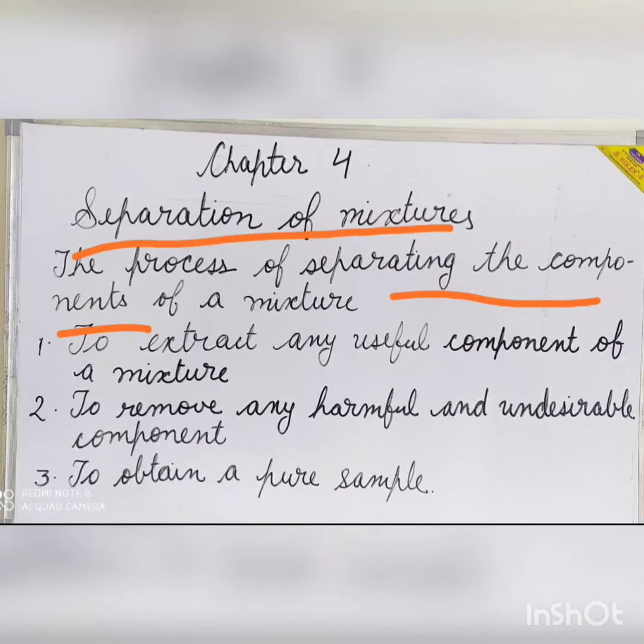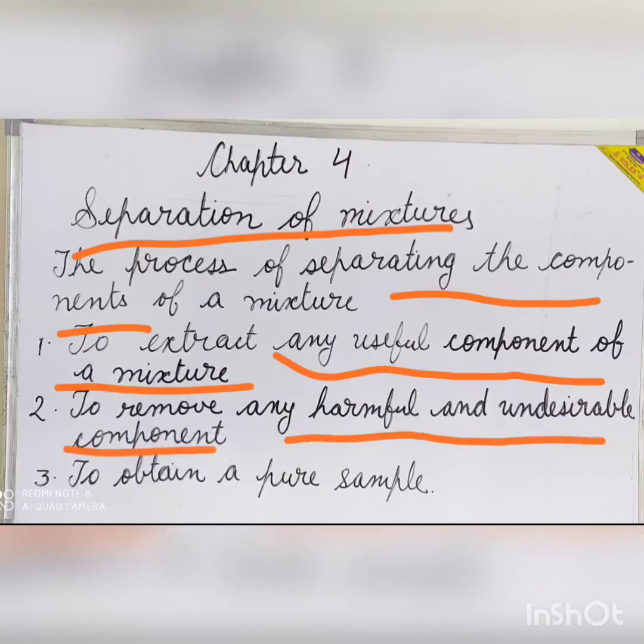Now, why is it necessary to separate the components of the mixture? This separation of mixtures is done to extract any useful component of a mixture, to remove the harmful and undesirable components of the mixture, and to obtain a pure sample of the substance.